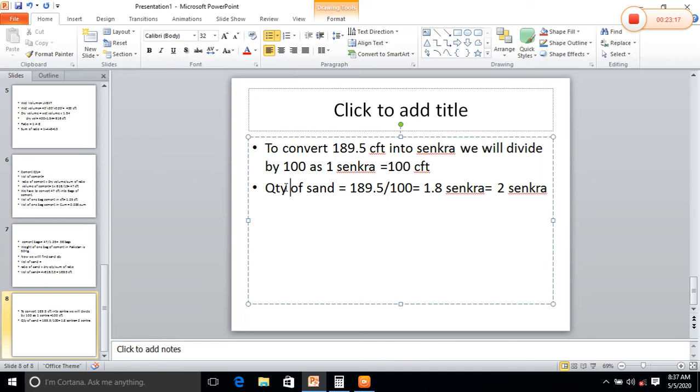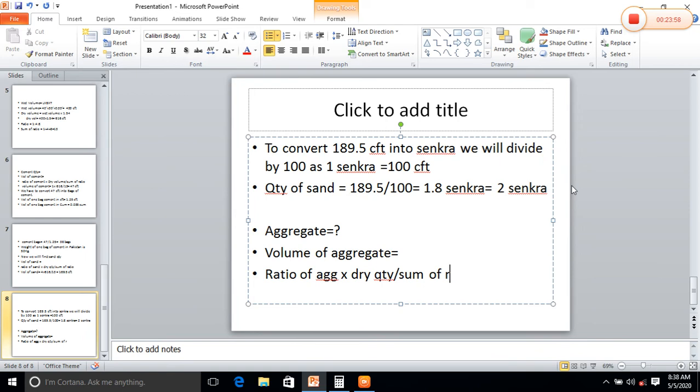Okay, now the third one is aggregate quantity. So for aggregate we have also the same formula. Volume of aggregate is equal to ratio of aggregate multiplied by dry quantity divided by sum of ratio.